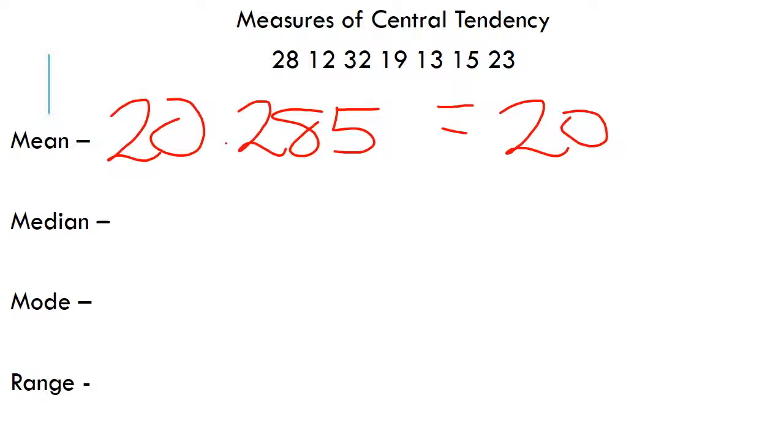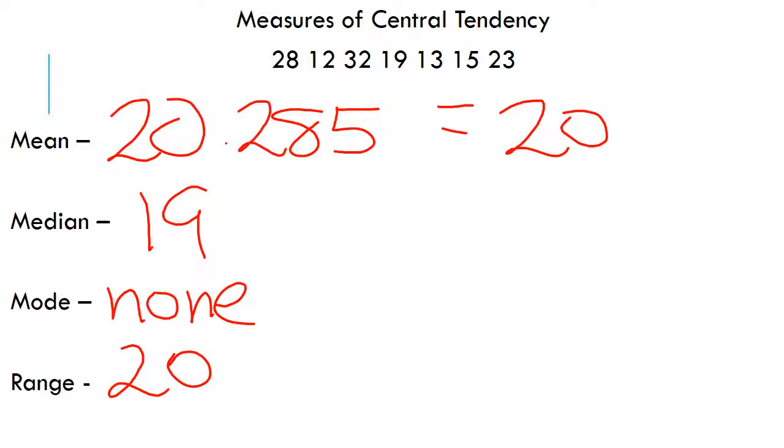The median is 19. The mode, we didn't have a mode, so it was none or no mode. And our range was 20. Notice how all these numbers are pretty close together. That's why they're called measures of central tendency. That's about the average of everything.